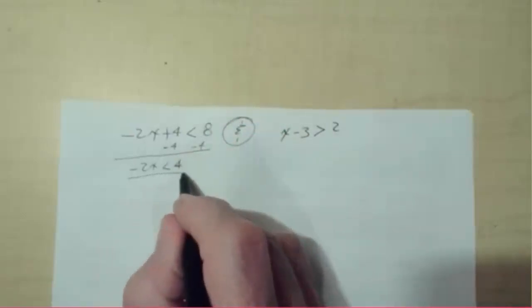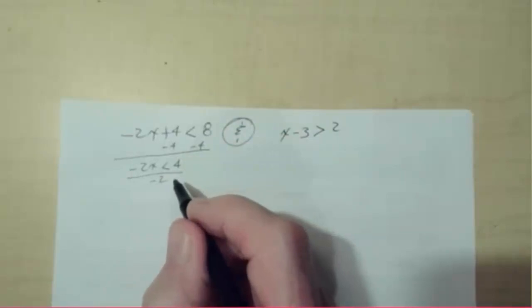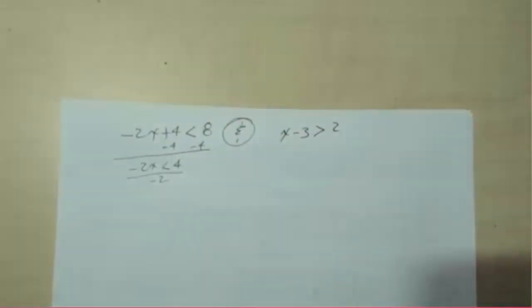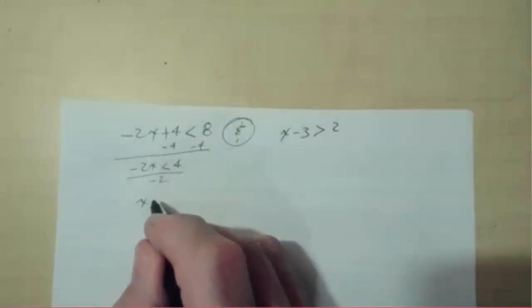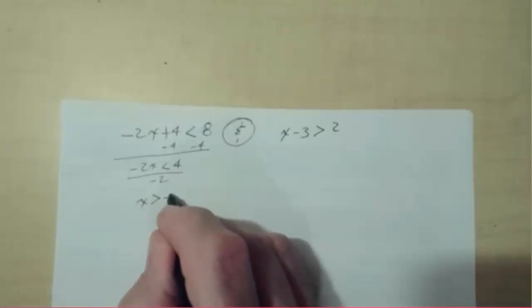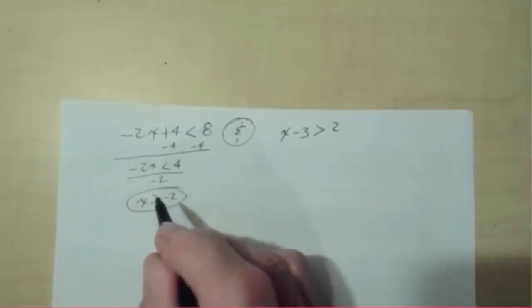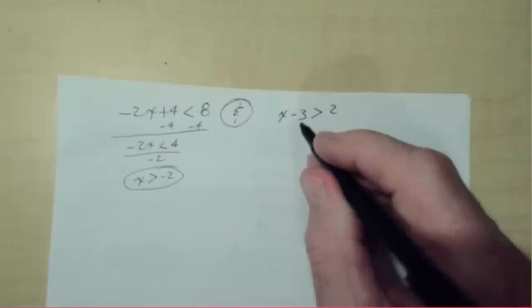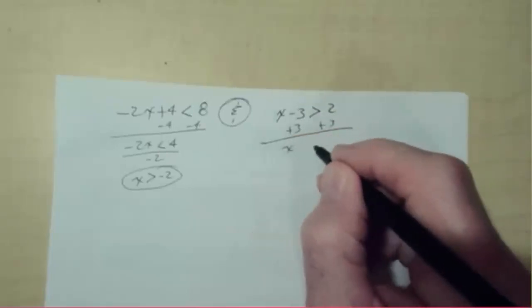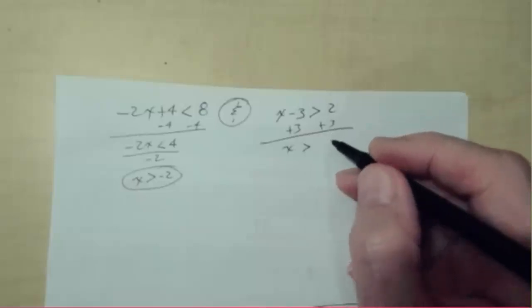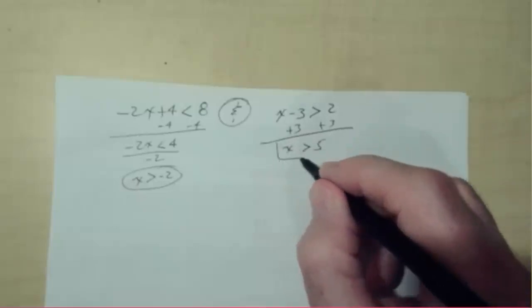Now we're going to divide by negative 2. So our sign is going to flip. So now x is going to be greater than negative 2. Now this one, we're going to add 3, add 3. So x is going to be greater than 5.